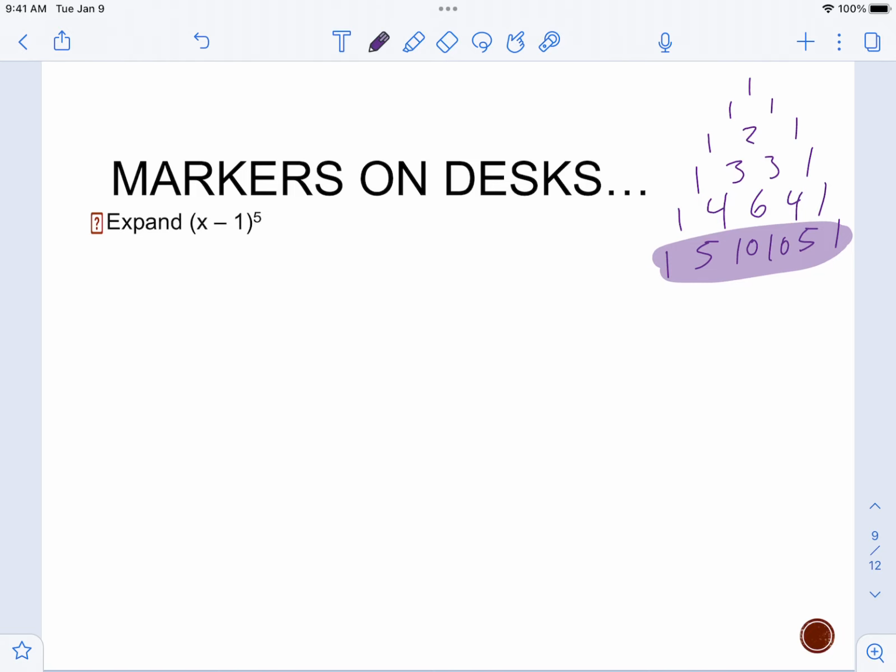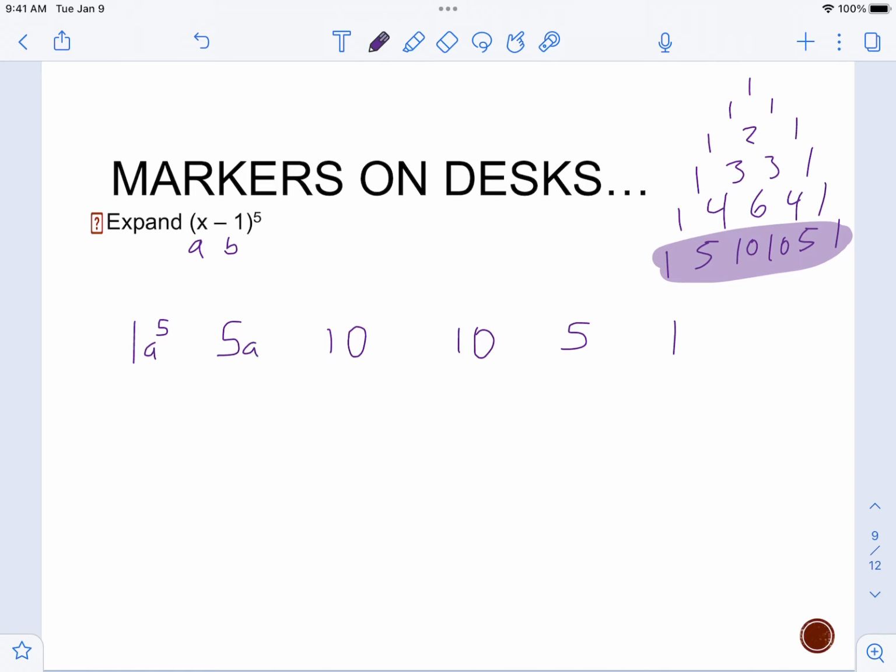So the first thing I'm going to do is write out those coefficients: 1, 5, 10, 10, 5, and 1. Now the pattern here, we've got an a term which is x and a b term which is -1. The a is going to start on the left and be raised to the fifth power, the same as this power. And then each term, it's going to go down by 1.